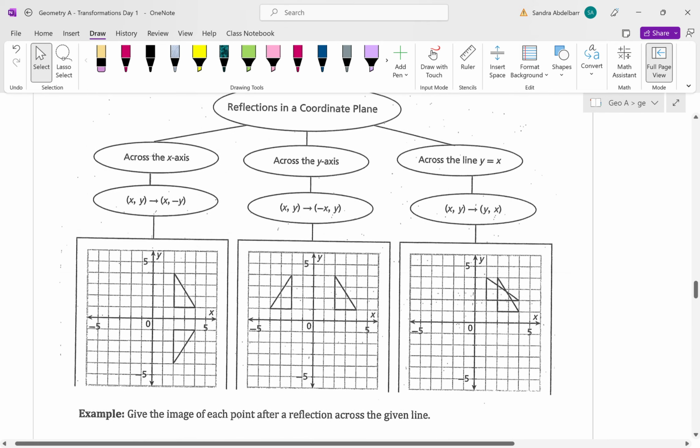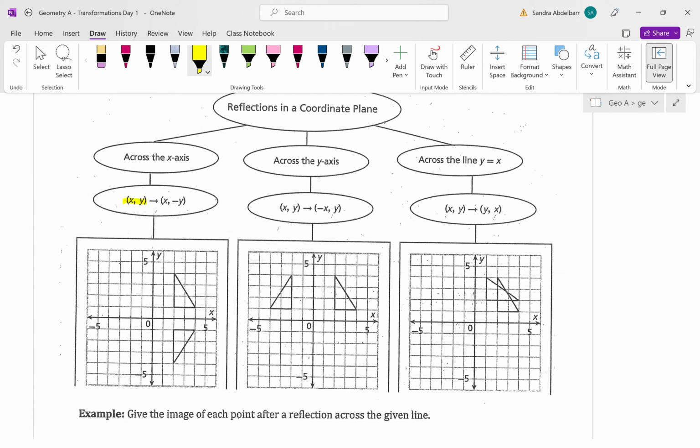All right, so some little shortcut rules. If we're reflecting over the x-axis, the horizontal axis, the rule tells us take (x, y), keep your x coordinate the same, but negate your y coordinate. The shortcut rule for reflection over the y-axis tells us take the point (x, y), negate your x coordinate, but keep your y the same.